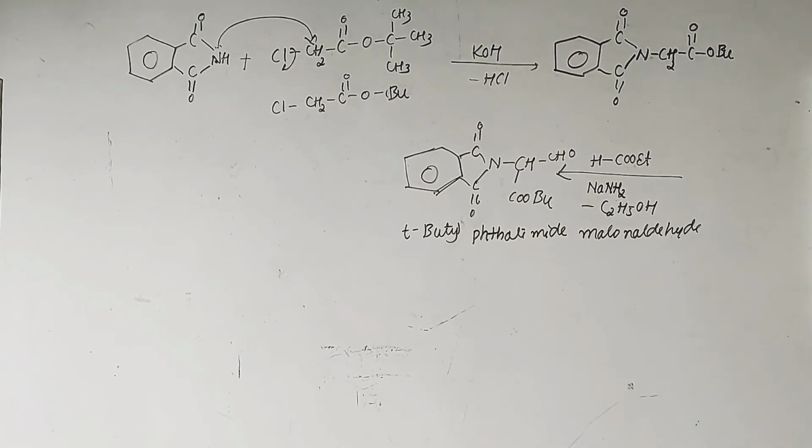See, now we will move towards the synthesis of penicillin. Now we have both the compounds which are required for the preparation of penicillin. Now we will do simply the condensation of the first compound and the second one. First we will write the compounds. So first, tertiary butyl phthalimide malonaldehyde.